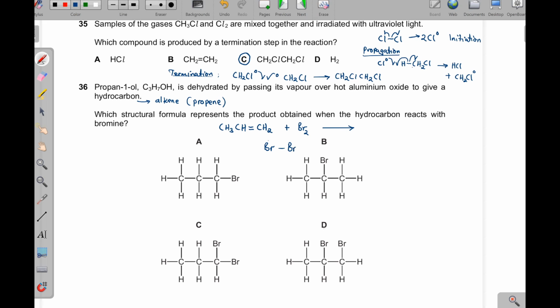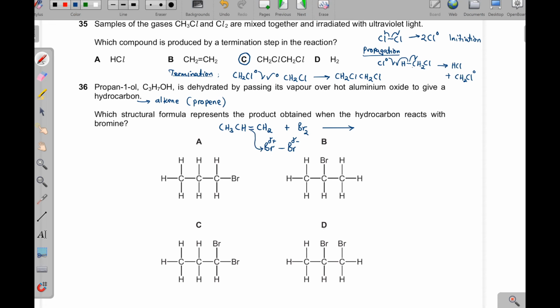This one is actually uncharged, but as it draws closer to this molecule here, which has a high electron density, and electrons are negatively charged, they will induce a positive charge on this bromine. And then this one will be a minus. They will repel the electrons around the bromine, and then they will tend to move towards this other bromine. That's why they will attain a partial positive charge.